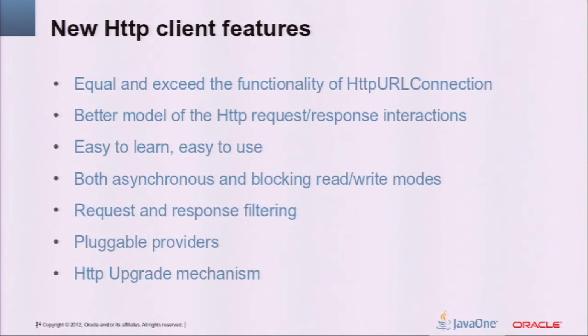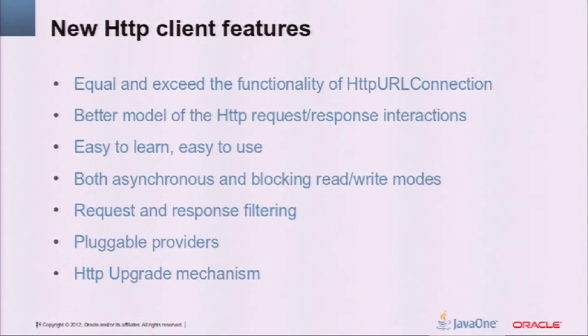There are now lots of technologies that build on top of HTTP. Many of the web service technologies build on HTTP. We wanted to make it easy for them to be able to layer in their own content models on top of our API. So this led to us wanting a formal filtering model as part of the API.